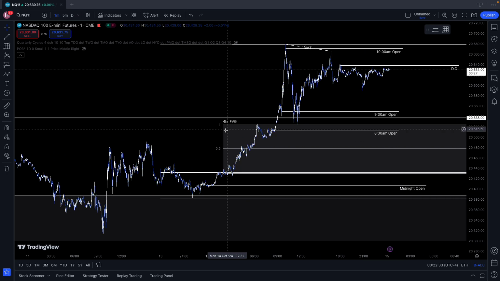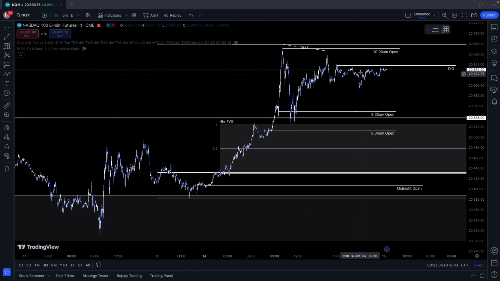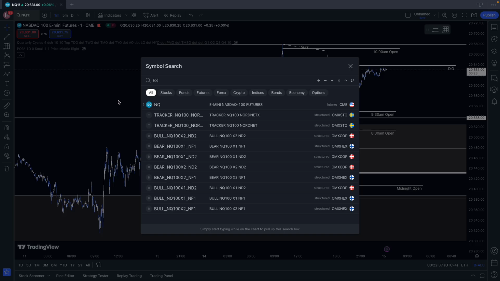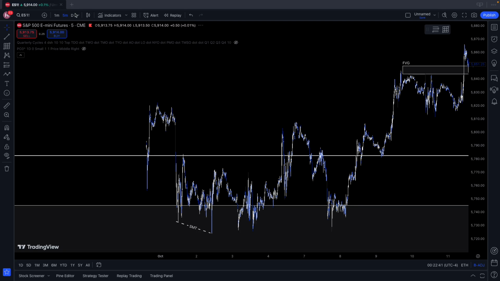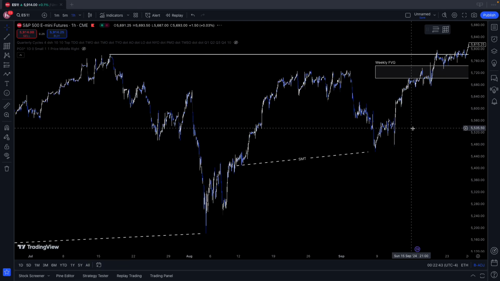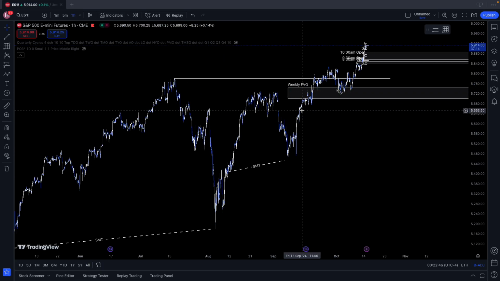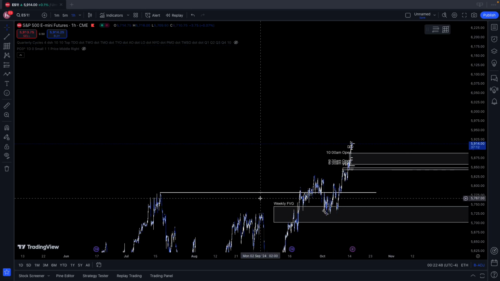And ES pretty much is showing us that exact same thing, but instead we're above all-time highs on ES, pretty much just showing us we want to continue higher. We're just trading above all-time highs right now. So I'm only looking for longs overall.